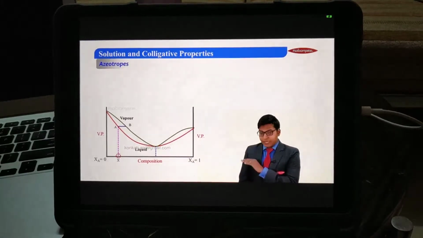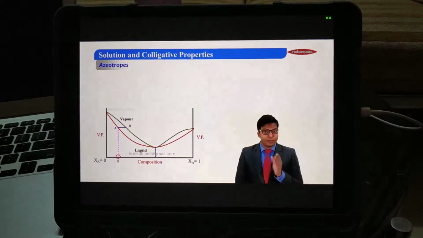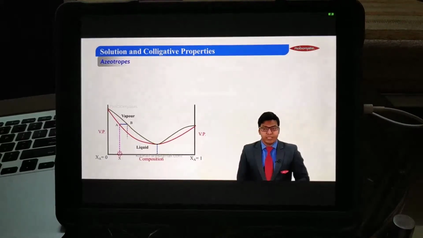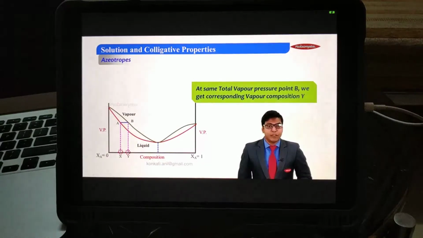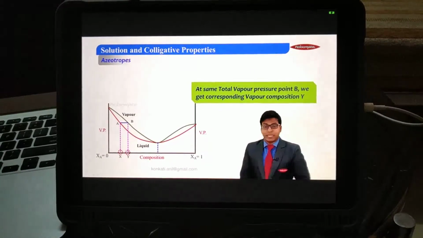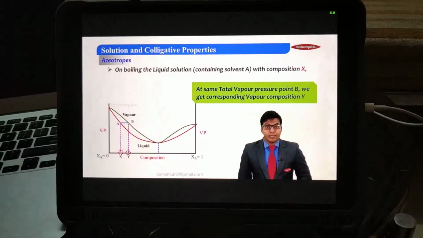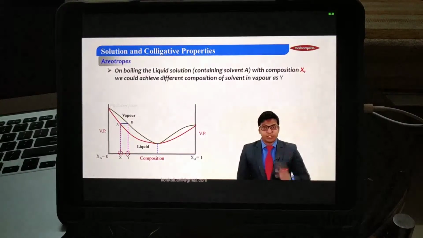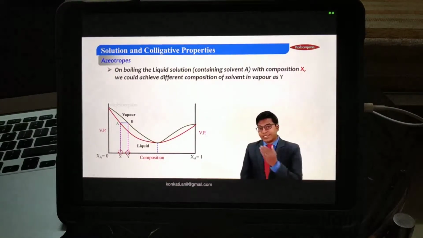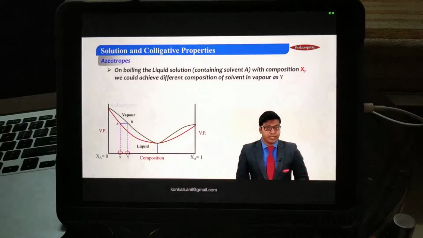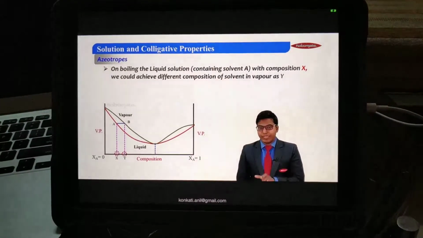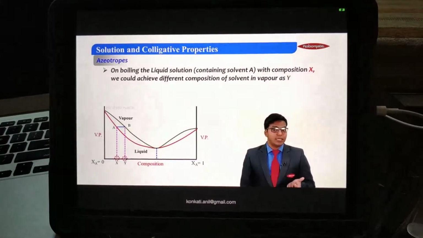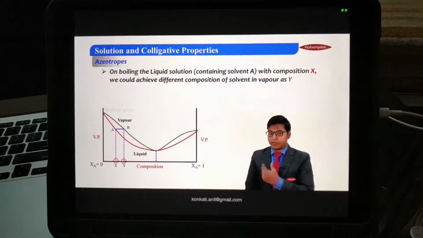As we draw a horizontal line, which is the vapor liquid equilibrium as we learned earlier, at point B we get a corresponding vapor composition, and let me call that Y. Now on boiling the liquid solution with composition X, we would find there is a different composition of the solvent in vapor, Y. So the composition is different in the liquid state as well as in the vapor state. That is evident from the curve.